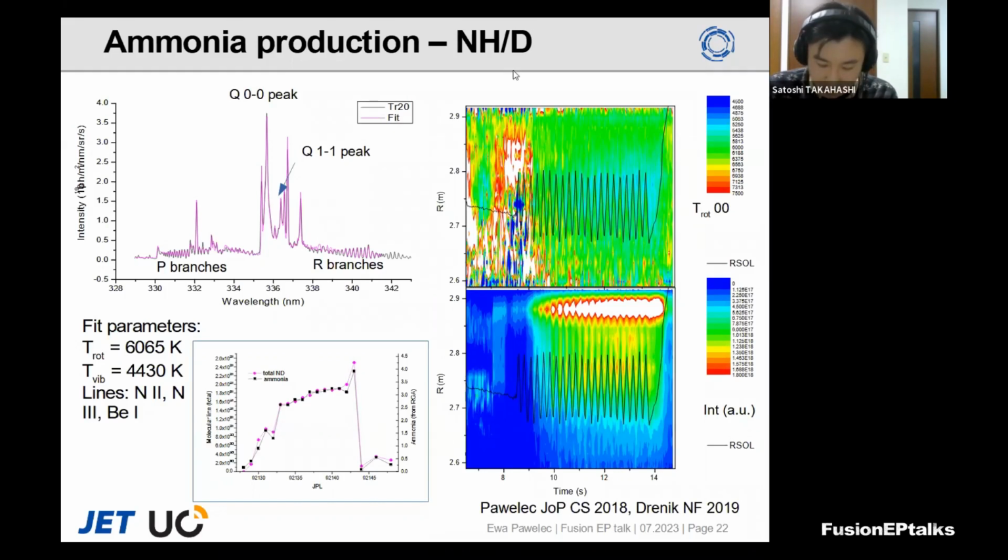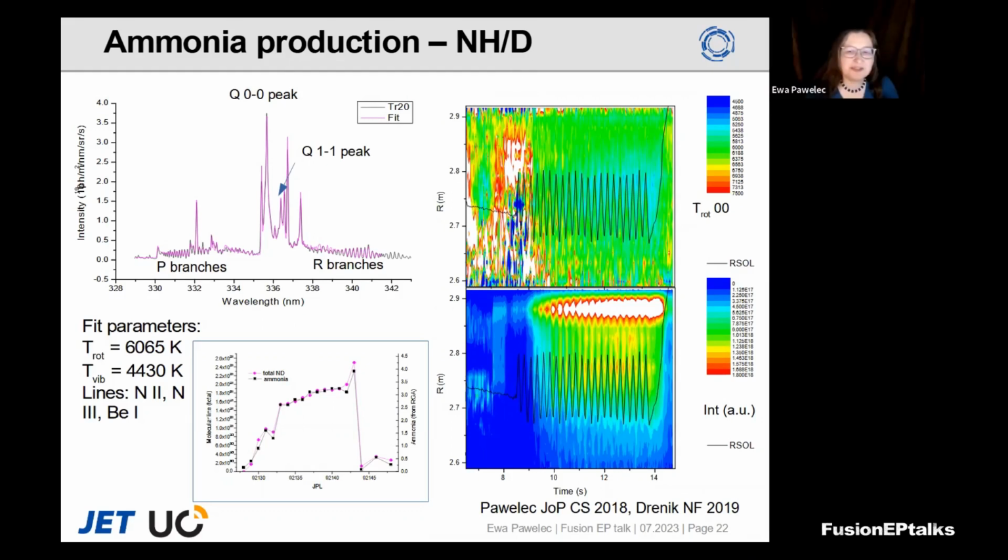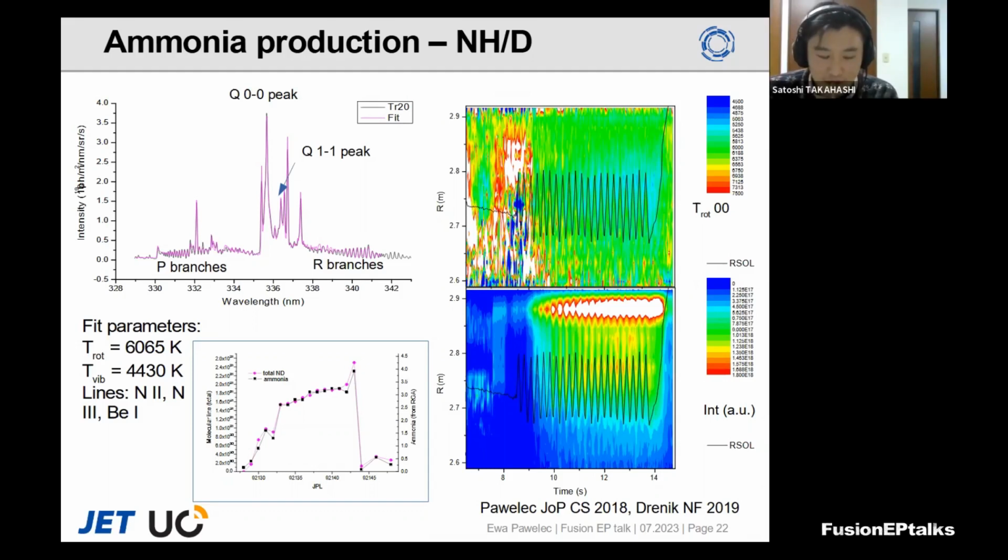I'm currently using a high-speed camera, so the full width half maximum for the filter is 10 nanometers. So it's too wide to distinguish NH and N2. One last question: how narrow should the filters be for spectroscopy?